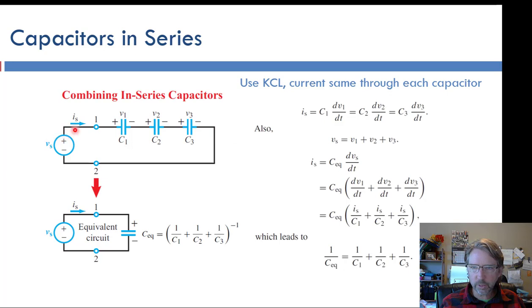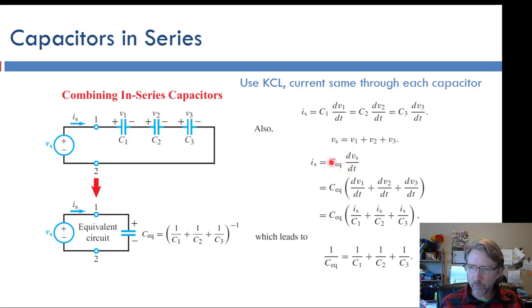If we do Kirchhoff's voltage law going around, then we find that minus Vs plus V1 plus V2 plus V3 equals 0 going around. And we can combine these together. If we take the derivative of this equation, then dVs/dt is dV1/dt plus dV2/dt plus dV3/dt.